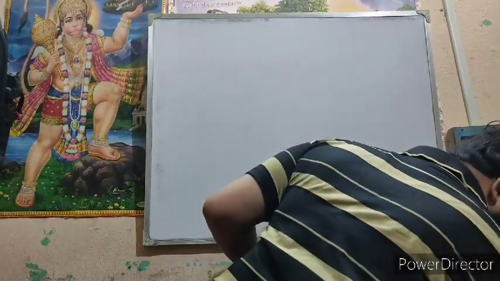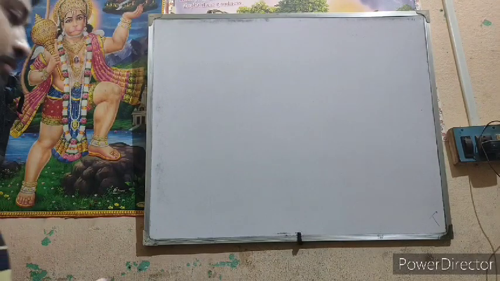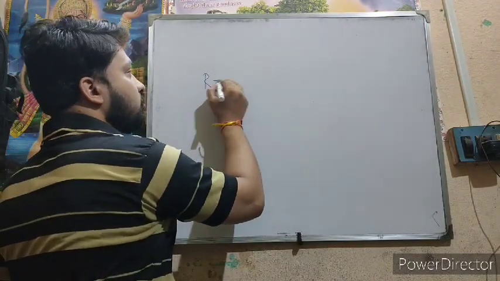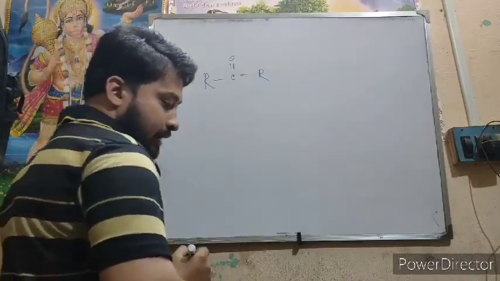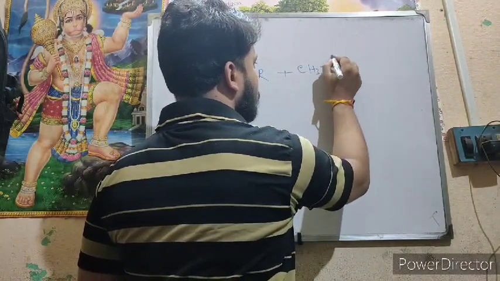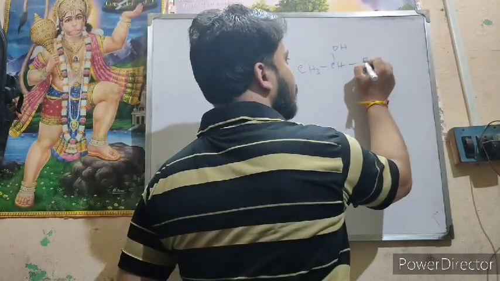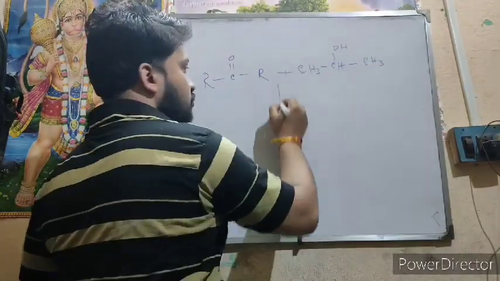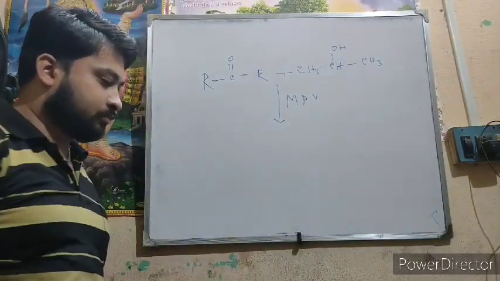So the next one is MPV reduction. You take a ketone, RCOR, this is the ketone group, and you take a 2 degree alcohol, CH3CHOHCH3, and you react with the help of MPV reaction.